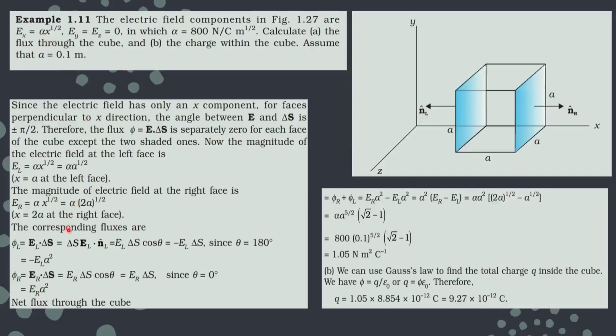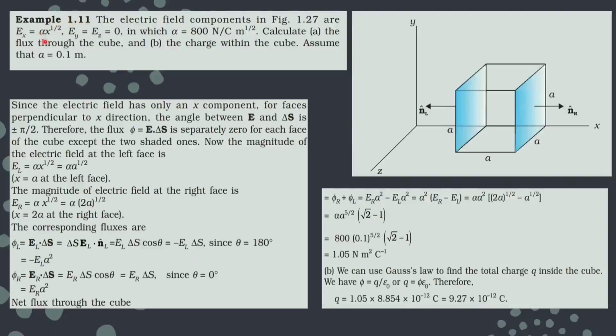And if I am willing to find the flux for the left face, it is given by the dot product of the field and the area vector. So you have to write this area vector as having the same direction. For the left face, the electric field they have given towards the right direction and the area vector is coming in this direction, because Ex given by alpha x power 1 by 2 is acting along the x direction only.